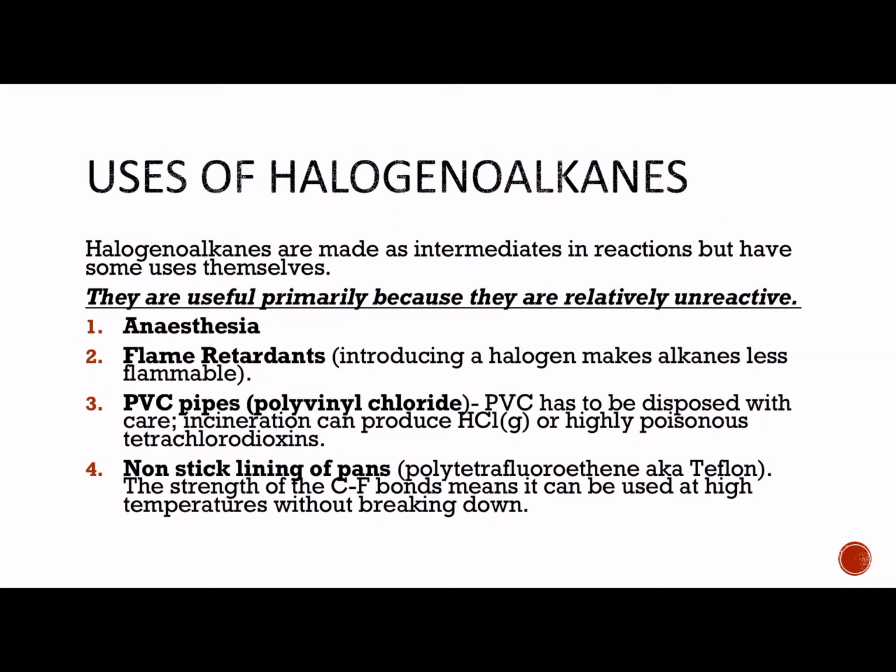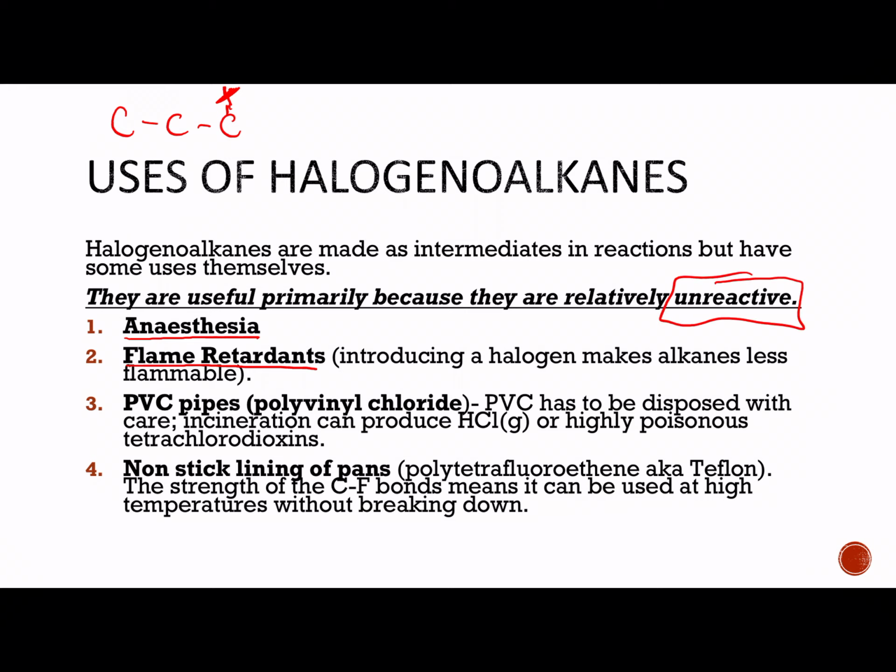All right, so let's take a look at the uses of halogenoalkanes. And this will go relatively quick, but just so you're aware, halogenoalkanes, usually with the halogens notated with X, have the following primary uses. They're used in anesthesia. They're used in flame retardants because they're pretty unreactive.